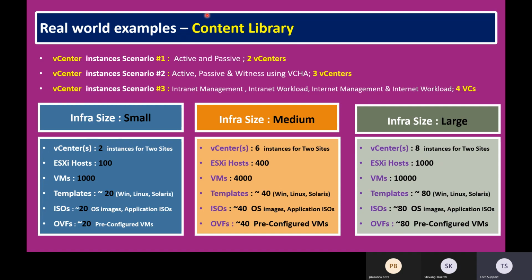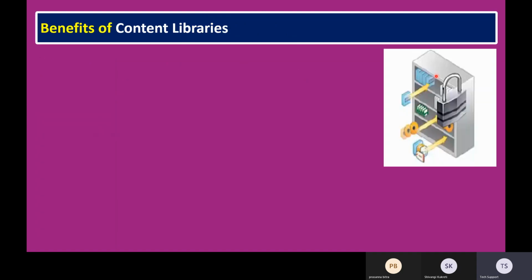Now let's talk about the benefits of content libraries. A content library looks like a physical library, our normal national public library. In a public library, there will be a rack, and racks consist of multiple books, but in our vCenter content library, instead of books, we have images only.